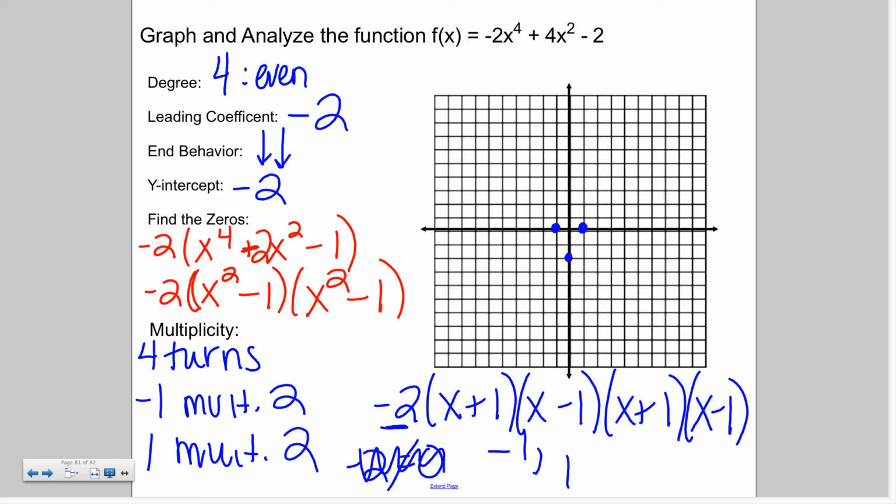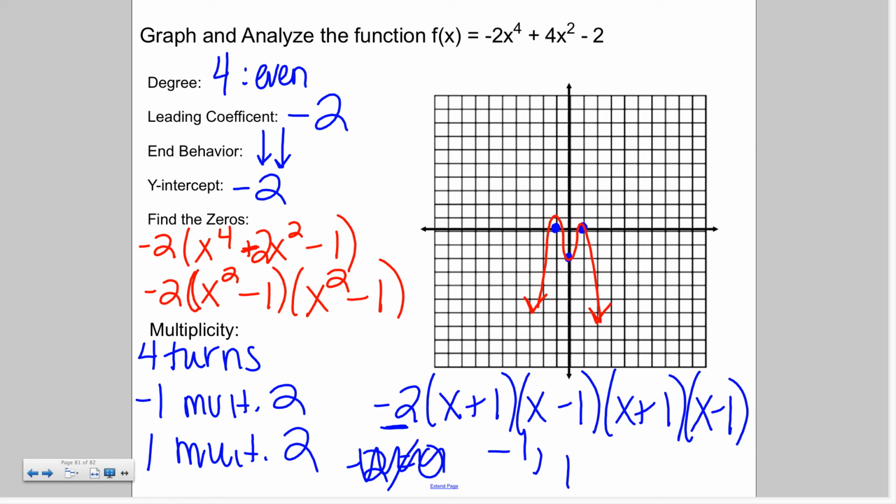I've got 4 turns, and my end behavior starts low and ends low. So that's going to look like start low, 1, 2, 3, 4. And that gets a little hairy when you're doing all the turns.